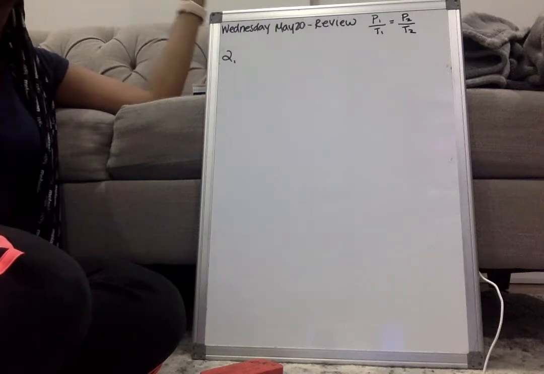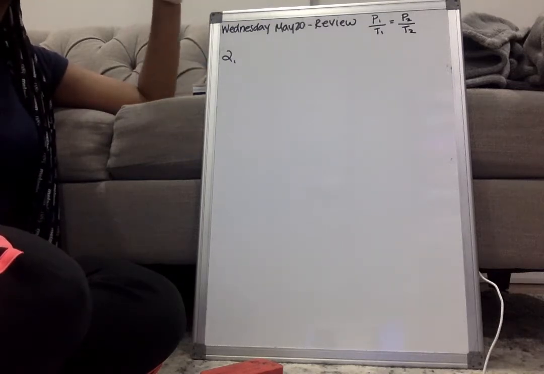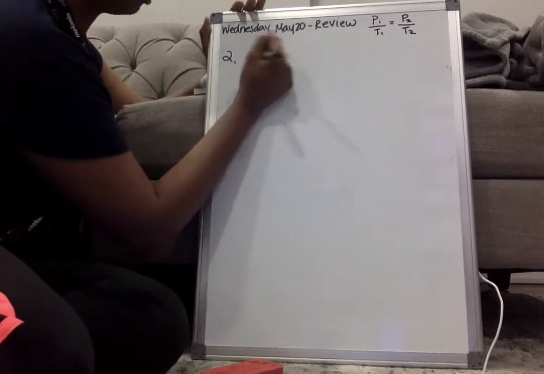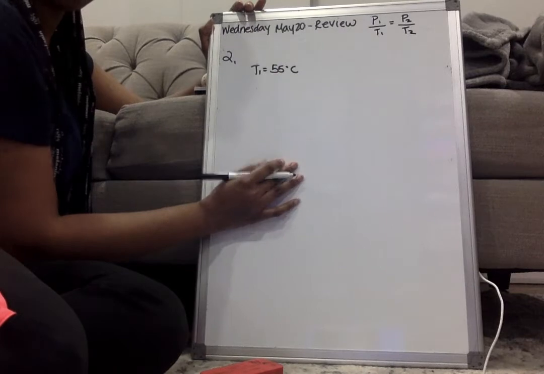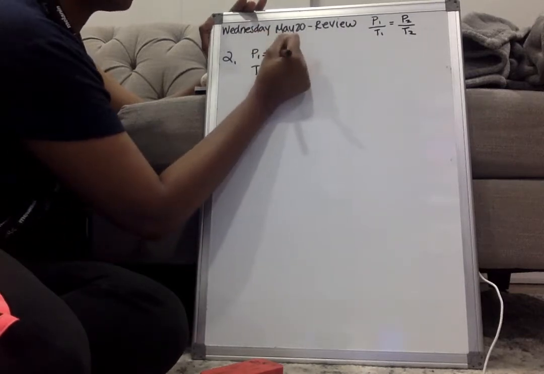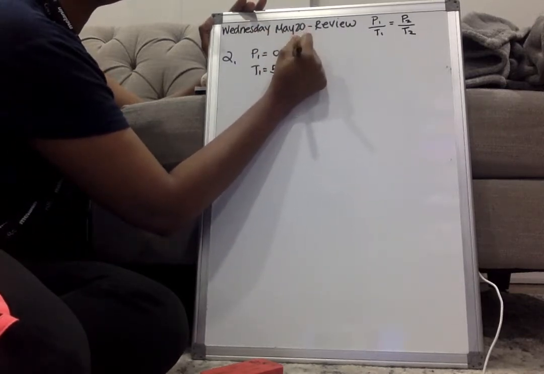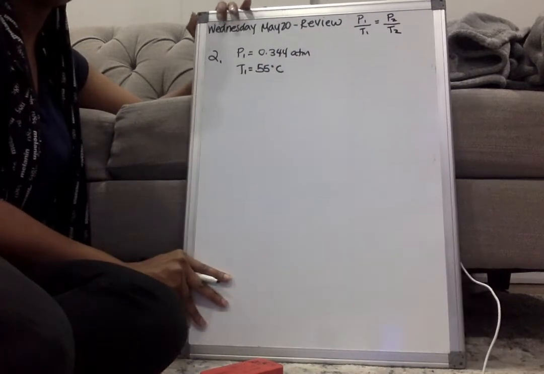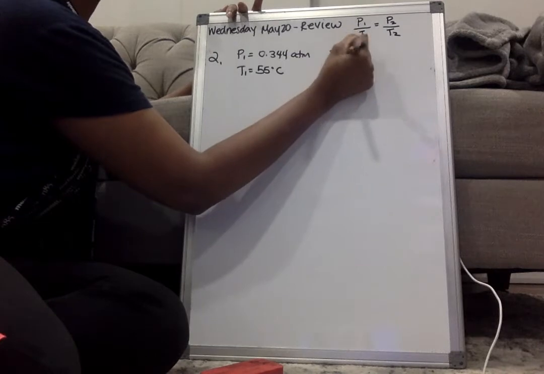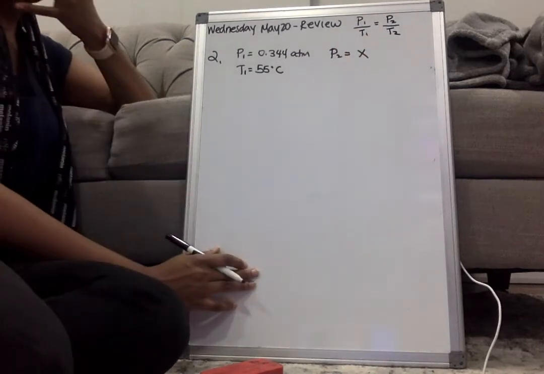This volume is constant, so we don't need it. T1 is 55 degrees Celsius, and P1, the pressure, is 0.344 atmospheres. The question says, what would the pressure be? So P2, we don't know, X.